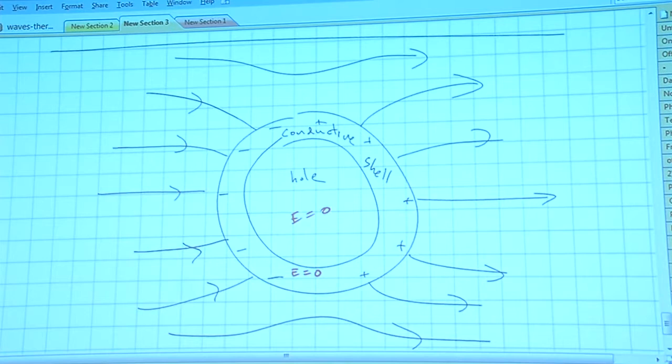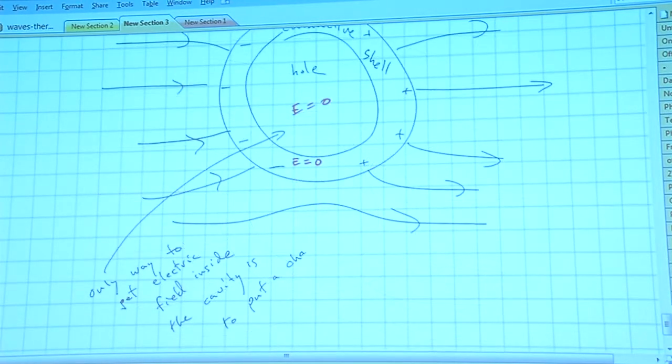It's going to be shielded from any electric field from the outside. You have to put a charge into the cavity in order to get an electric field inside the cavity of a conductor. Okay?